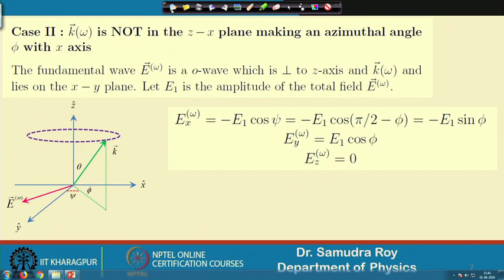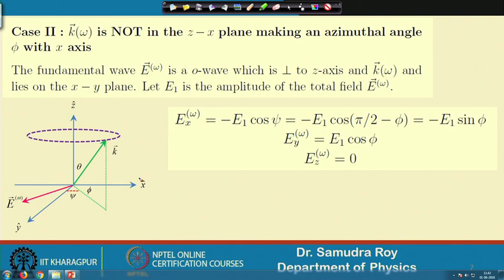Now I am launching the electric field in the direction of k, which is making an angle phi with the x axis, the azimuthal angle. Initially, in the previous case, phi was 0, but here we have some amount of phi.